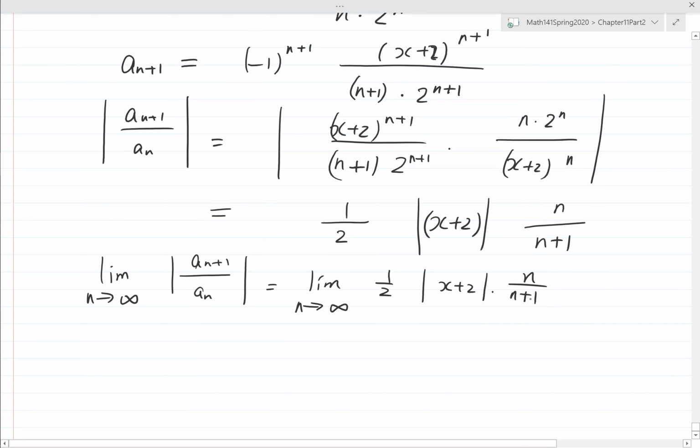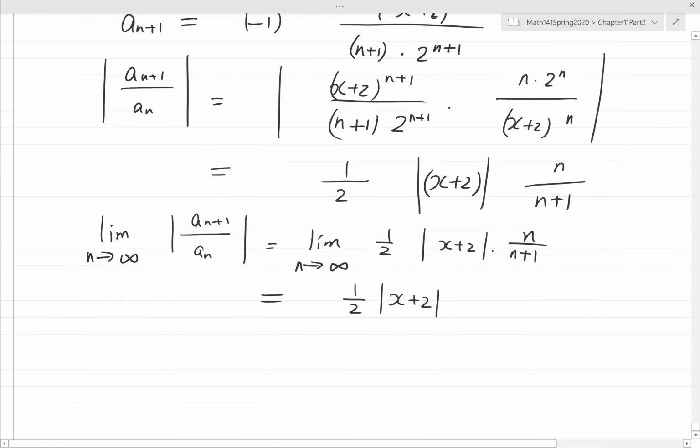Now x plus 2 here is fixed. So when we take the limit as n goes to infinity, by L'Hopital's rule, or it's very easy, you find n over n plus 1 has limit 1. So this is the limit of the ratio that we get.